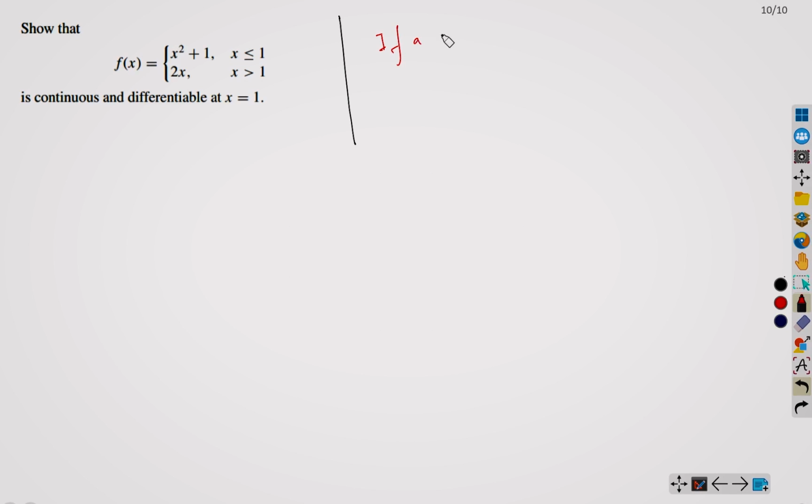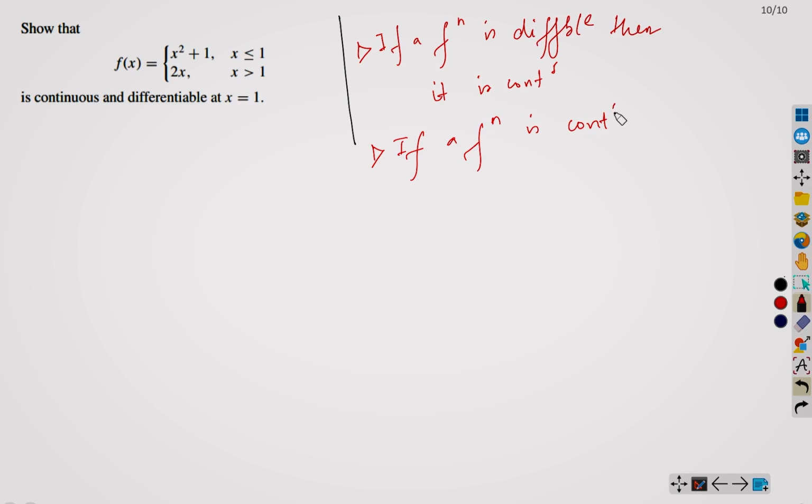If a function is differentiable, then it is continuous. If a function is continuous, then it may or may not be differentiable.